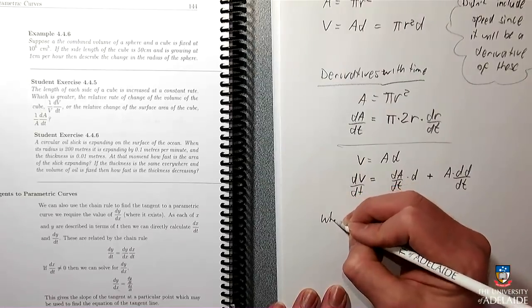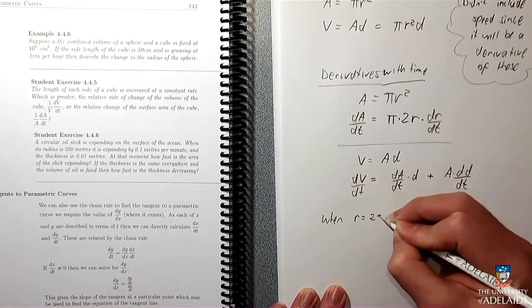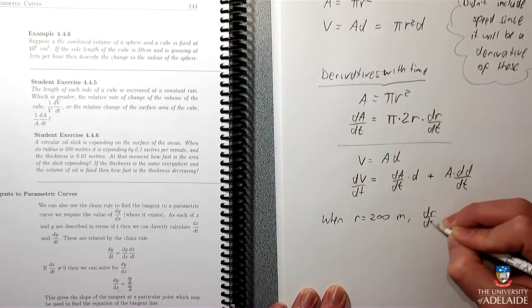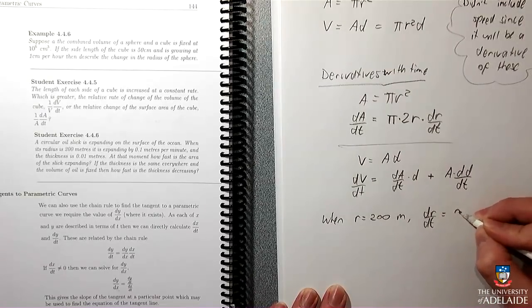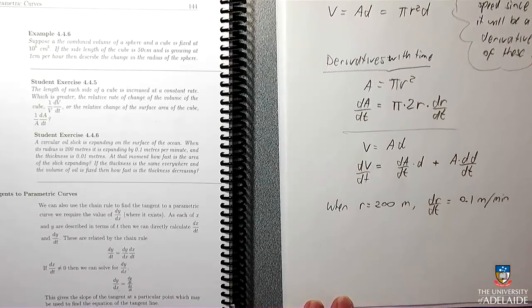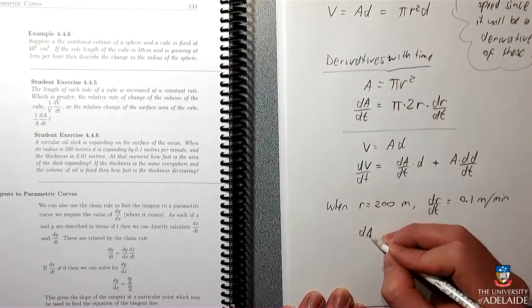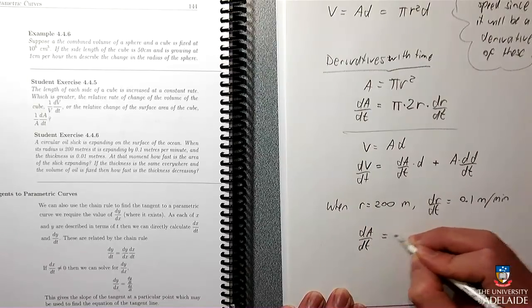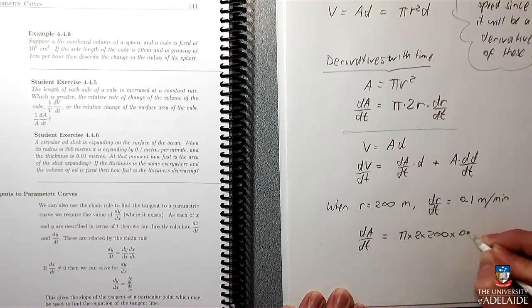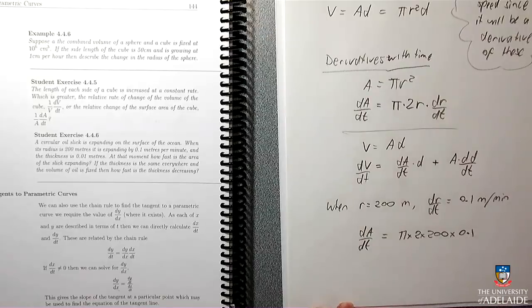So when r equals 200 meters, dr on dt is 0.1 meters per minute. And so from that information, we could say that dA on dt would be pi times 2 times 200 times 0.1, because all of these things go in this formula here.